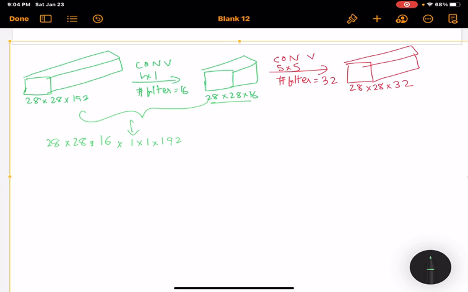So when I multiply all these, I get approximately 2.4 million.